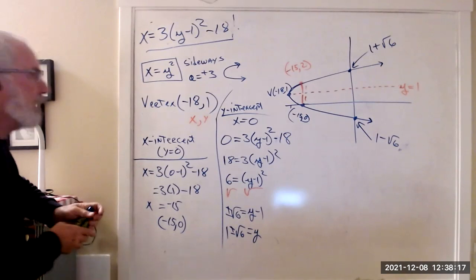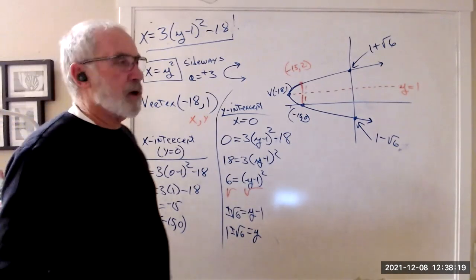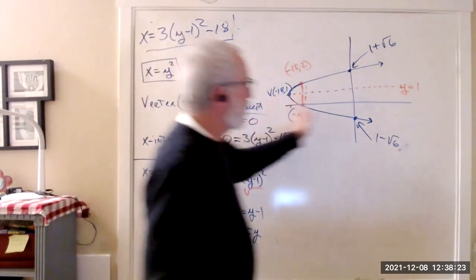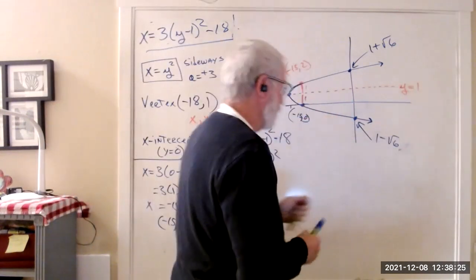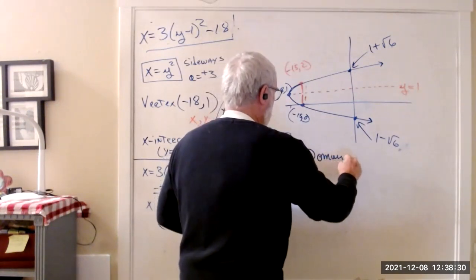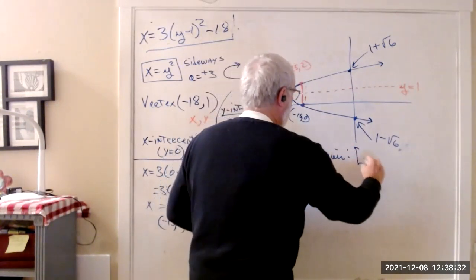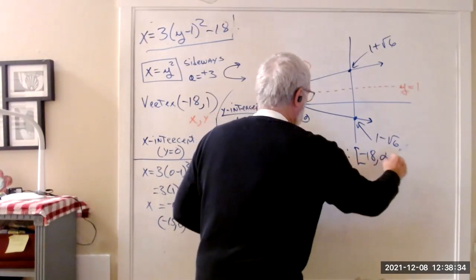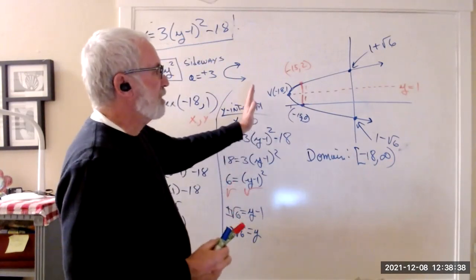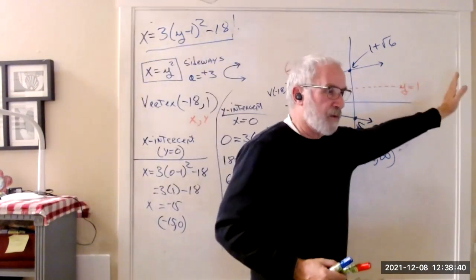The domain is all possible x's. X's start at negative 18 and go forward. So in this case, the domain is bracket negative 18, comma infinity. It goes from negative 18 forever this way.